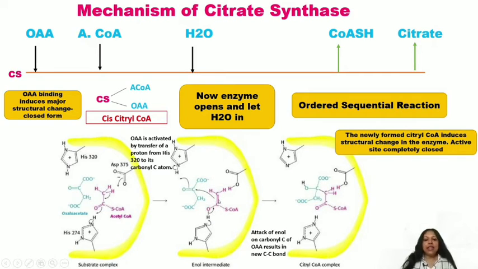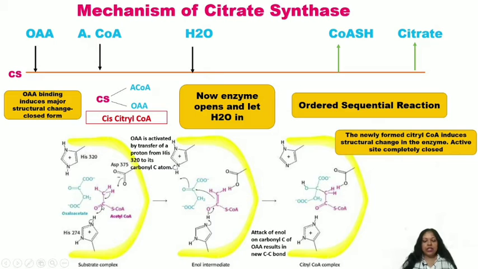Now, what happens next? The carbon-carbon double bond in the acetyl coenzyme A molecule causes attack on the carbonyl carbon of oxaloacetate, which ultimately results in the formation of a new C-C bond, which actually represents the condensation reaction. Okay.